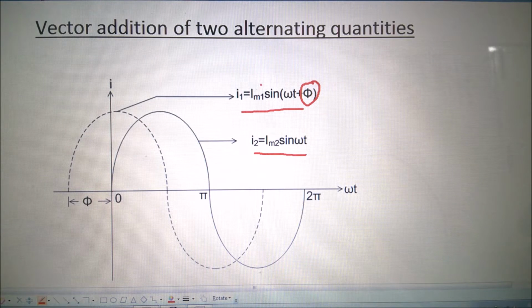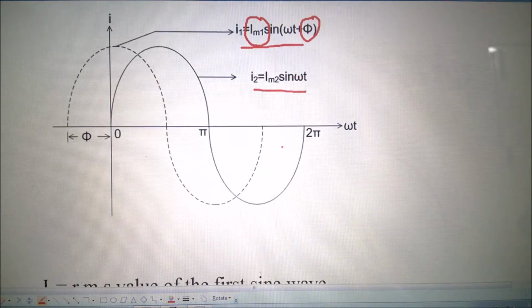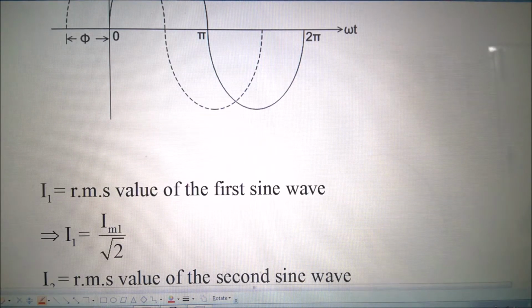Second, I1 has the maximum Im1, and Im1 divided by root 2 is the RMS value that we discussed earlier. Here I1 is the RMS value of the first sine wave, the maximum divided by root 2. This I1 is a vector quantity, but we do not give the vector symbol here.